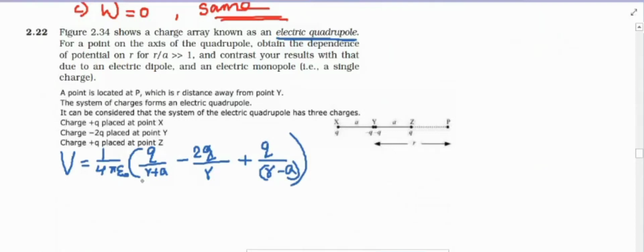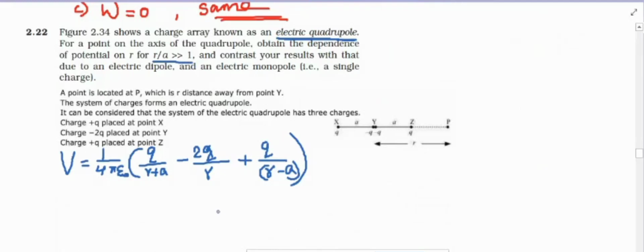Now you have to take the LCM, then simplify the equation, use the identities, and in the denominator you can neglect the A square. You'll get an A square in the numerator, taking R by A much greater than 1.